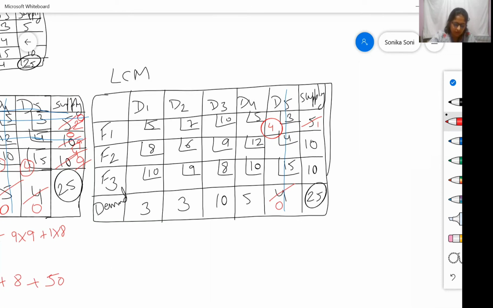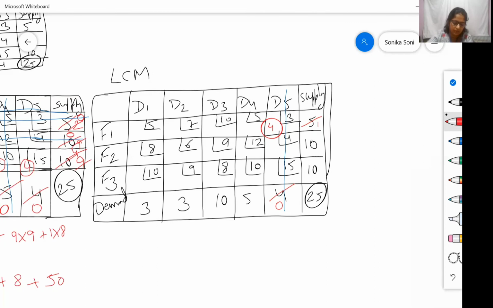We have 5 in F1D1 and 5 in F1D4. We have to see where we are getting maximum allocation. Here we can see that we have 1 as supply remaining in the F1 row. So if we take either the D1 column or the D4 column, we would have to allocate only 1 itself. So we can take any 5 in this.